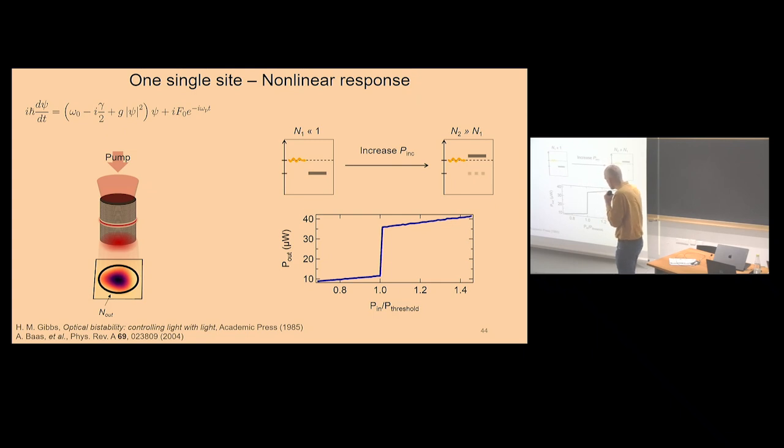So the power in the output is increasing slowly, and still this state is shifting towards the blue due to the repulsive interaction. And at some point it's going to cross the pump. And at the moment where it crosses the pump, there is a huge jump because we can populate the state very efficiently. And we have this nonlinear jump. Okay, so typical nonlinear response for this kind of system, the Kerr nonlinear system.